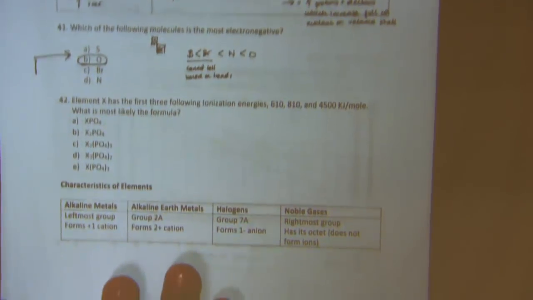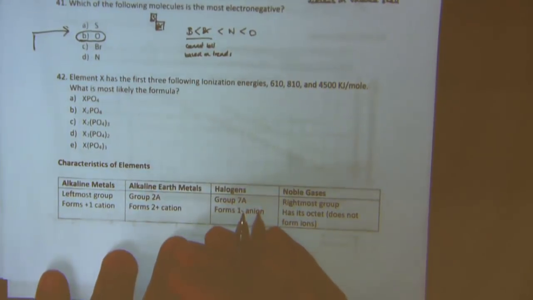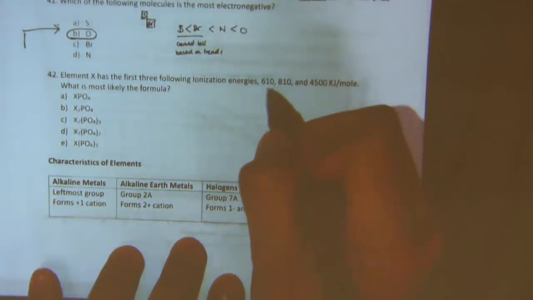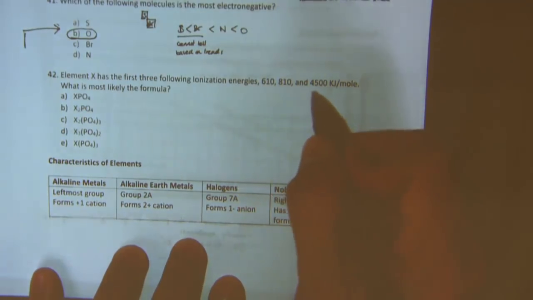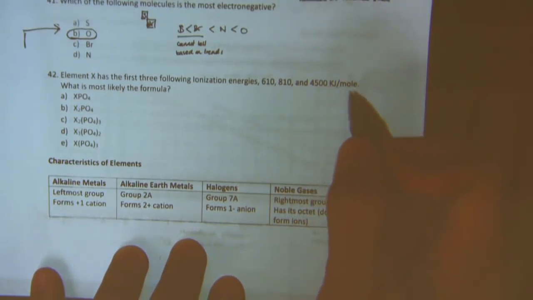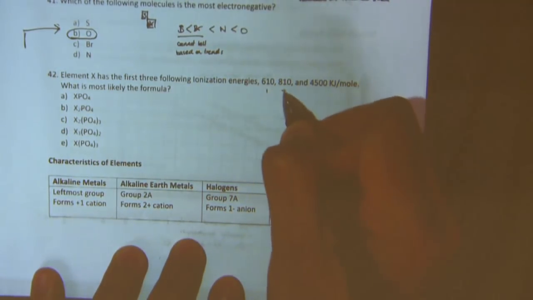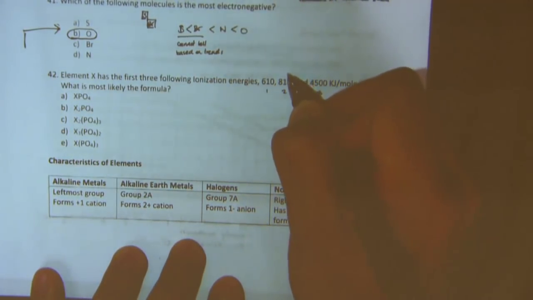And so for 42, we have element X has the first 3 following ionization energies: 610, 810, and 4,500 kilojoules per mole. Of these, the biggest jump occurred from here to here.